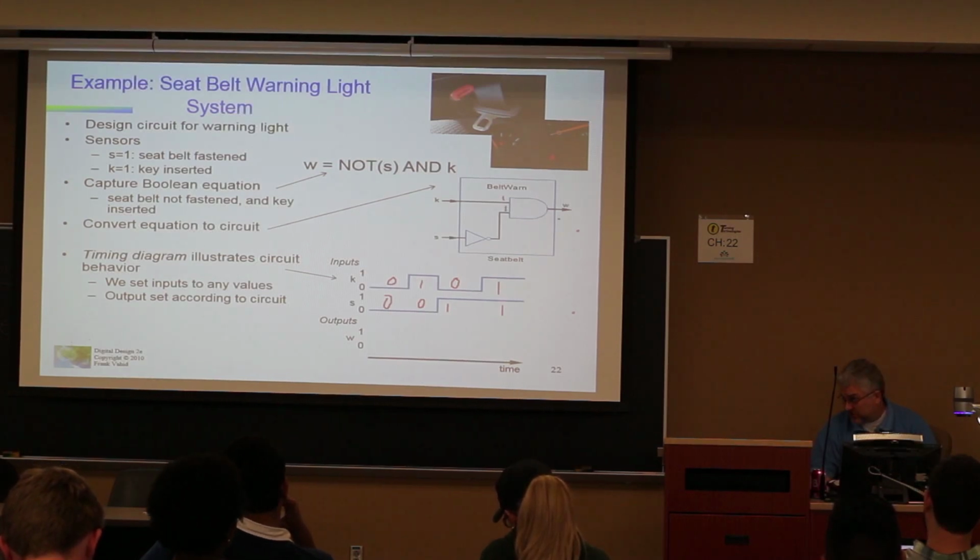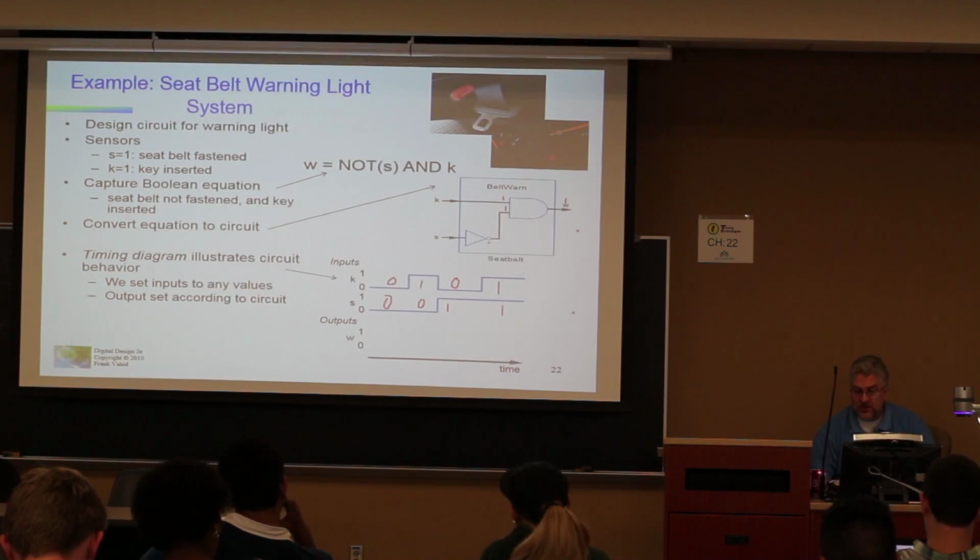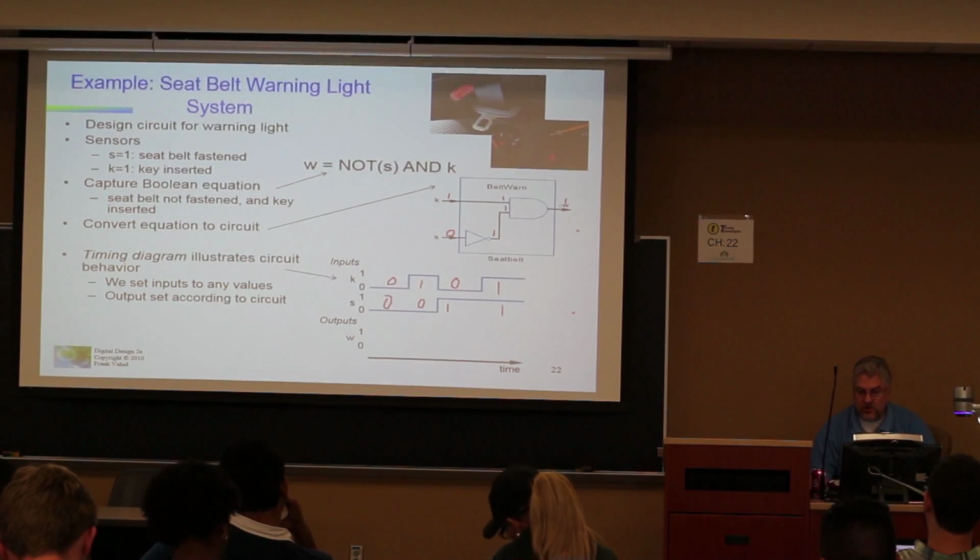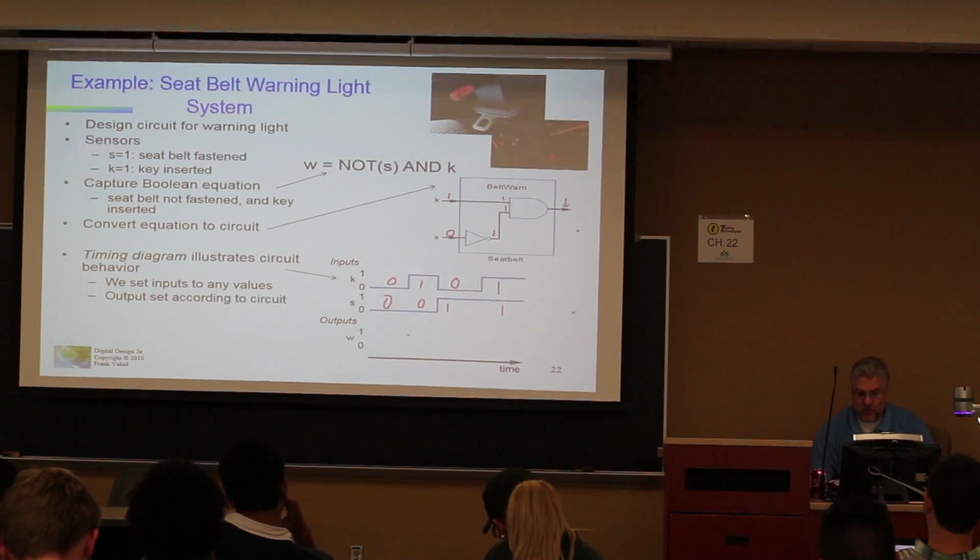That will be the only situation when we will see a 1 out here on W. So if we work back a little bit further, here's a NOT gate. So then when K is 1 and S is 0 is the only situation where we'll see W as a 1. So I predict that W will be 1 when S is 0 and K is 1.